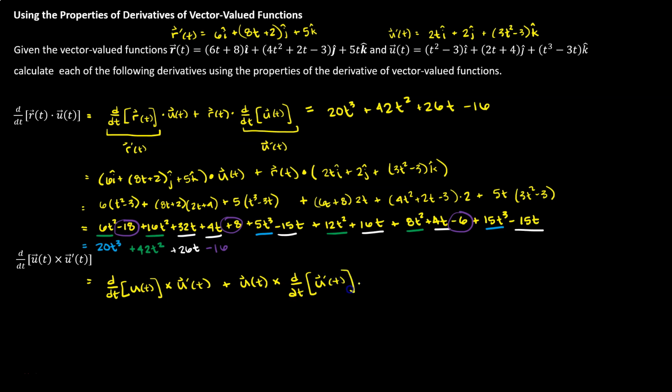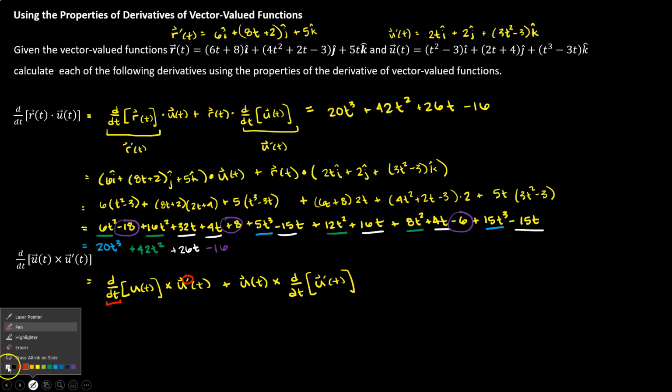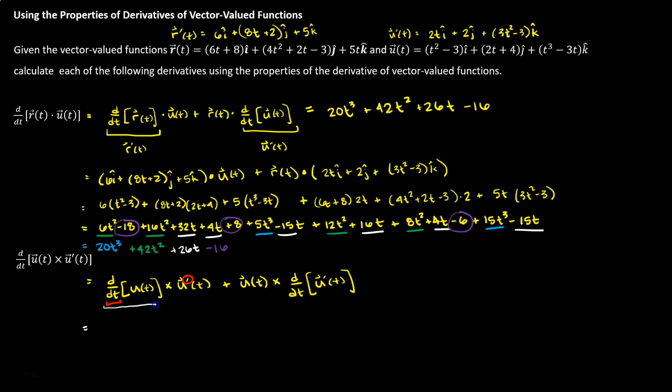Now we're using two separate notations here, the d dt derivative and the prime. So let's pay attention to that because this guy and this guy, they mean the same thing. If I'm applying the derivative to u of t, that's the exact same thing as u prime of t. So if we transition everything into the same notation, this first term would look exactly like u prime of t.